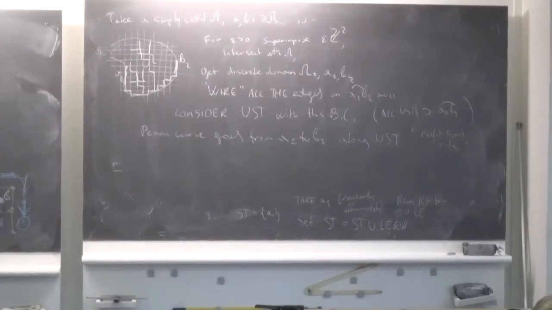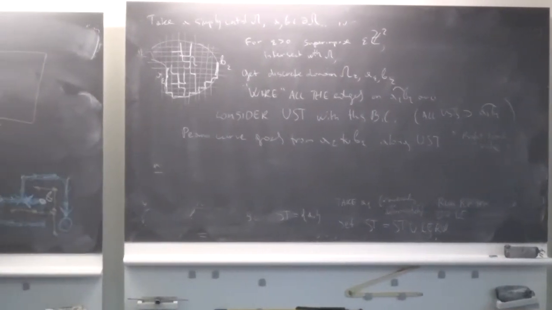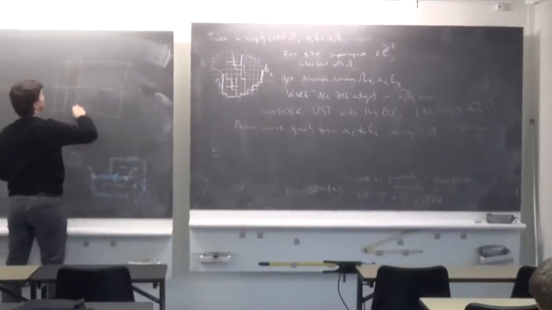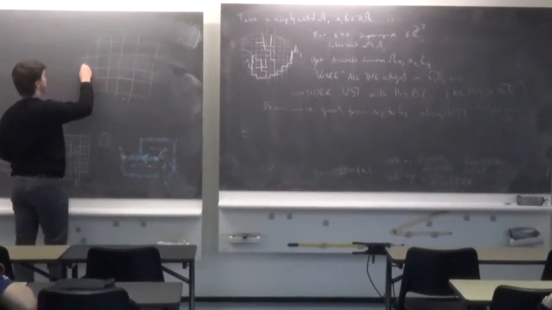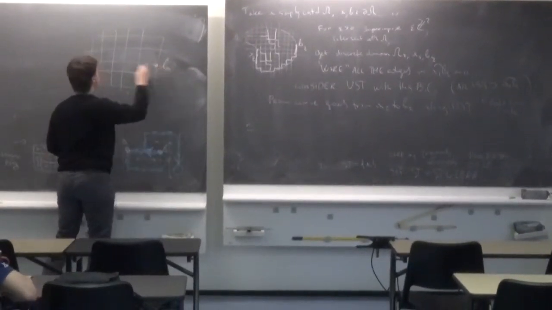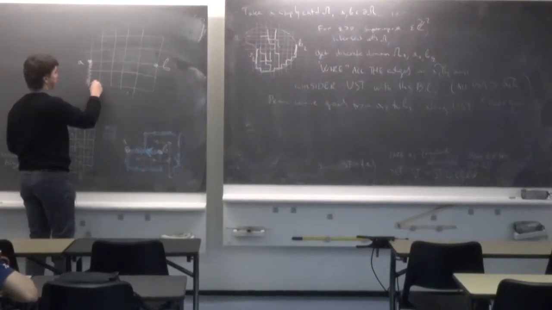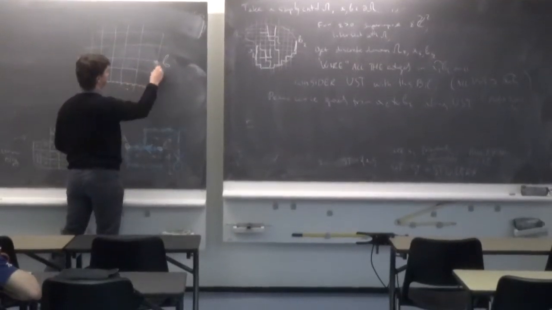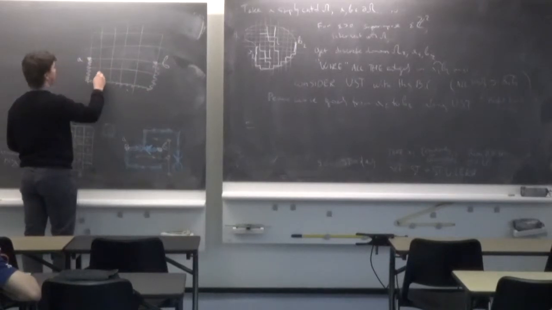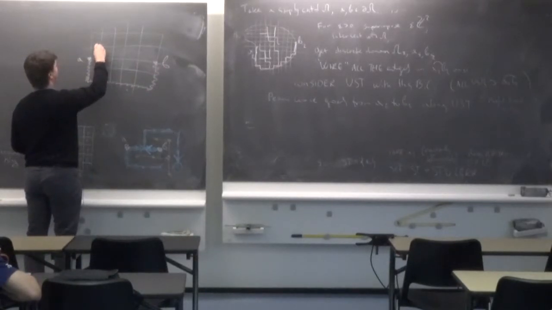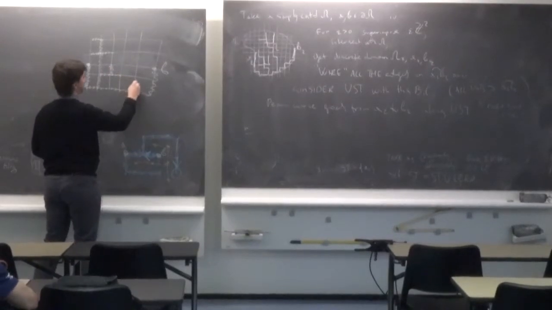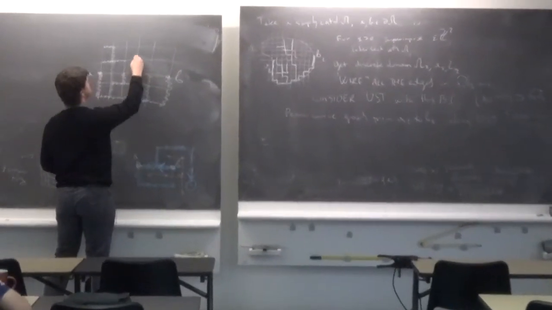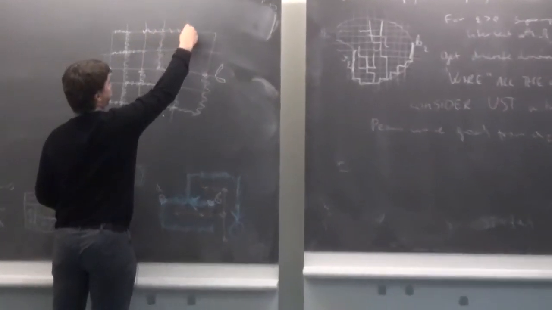So essentially, let me just draw an example of how this would work. Suppose this is A, this is B, those are boundary data. So this is an example of a uniform spanning tree.